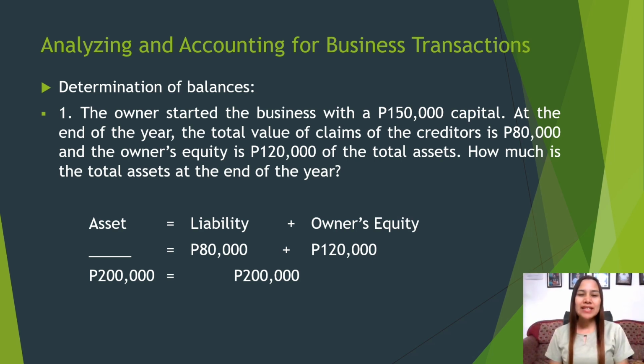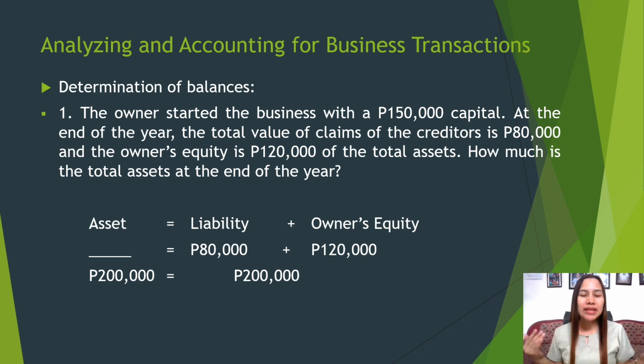Given the ending balances of the liability and equity, we have to reflect these ending balances in order to arrive at the ending balances of the total asset. So, liability of 80,000, which is the total value of claims of the creditors, and owner's equity of 120,000. 80,000 liability plus owner's equity 120,000 equals 200,000 asset.